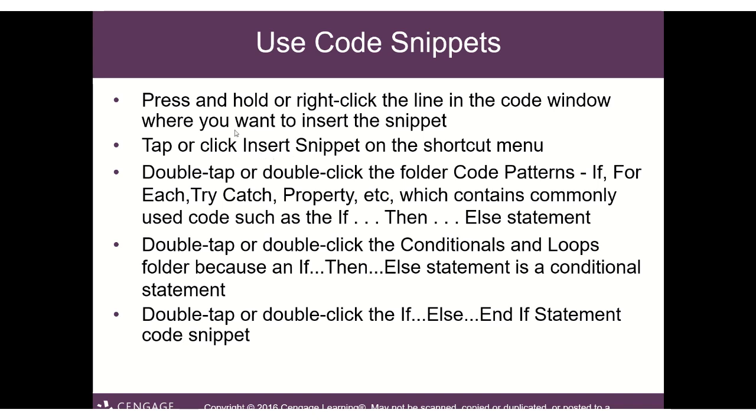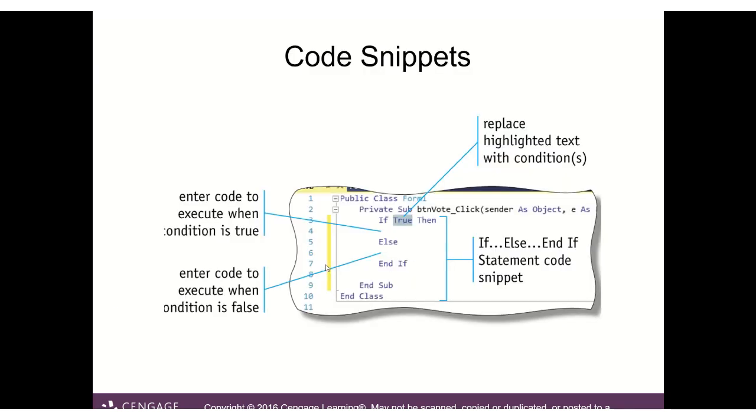Tap and click. This is the way you should use the code snippet. So basically you select a block of code and put it in some other places as well. So here, this is the code snippets you can do.